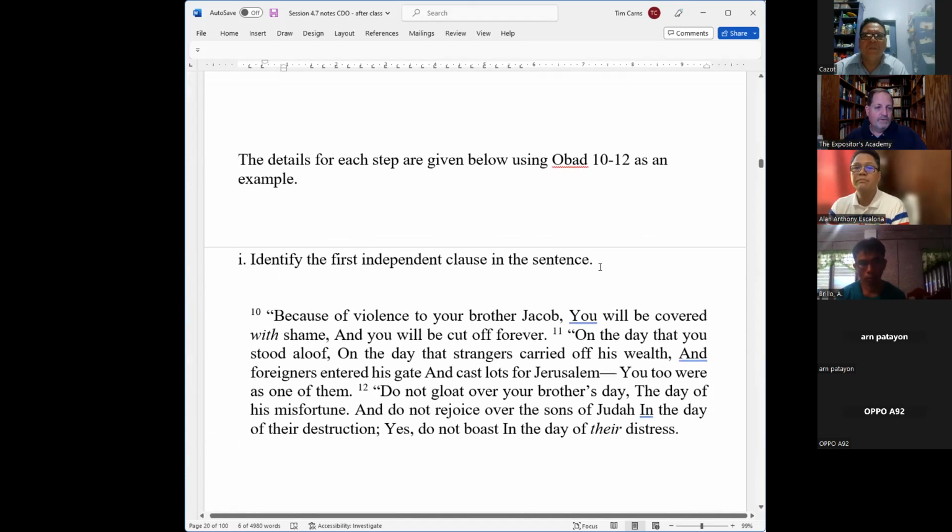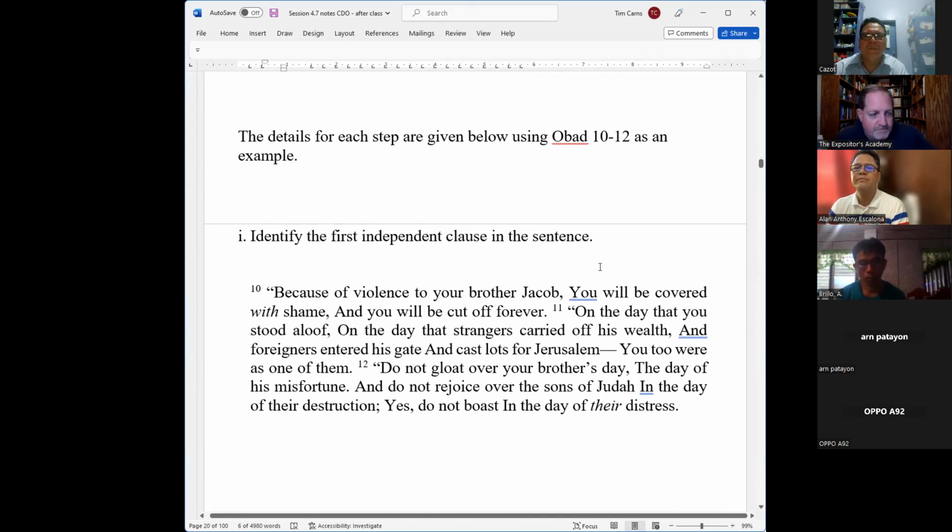And what we're going to do is go through just a few verses from Obadiah. This is one of the minor prophets, and we'll just use it as an example to go through these steps together.